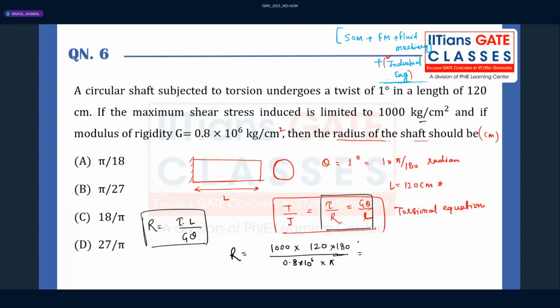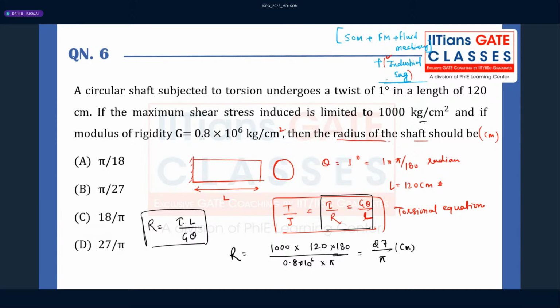So when you calculate, what value are you getting? 1000 into 120 into 180 divided by 0.8 into 10 to the power 6. We are getting the answer as 27 divided by pi, and that should be in centimeter.